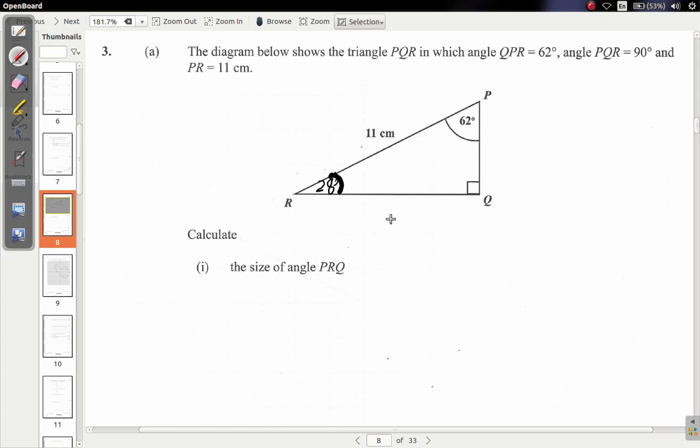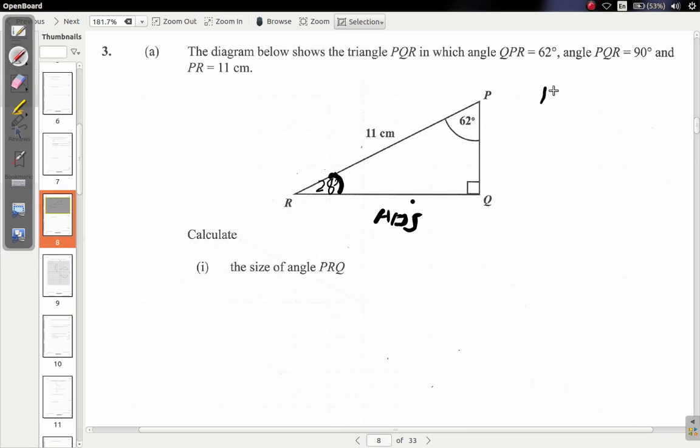Here now, RQ is the adjacent. You want the adjacent, right? Let me just write ADJ right there. So you have the angle up here, so you have the hypotenuse, and you want the adjacent.